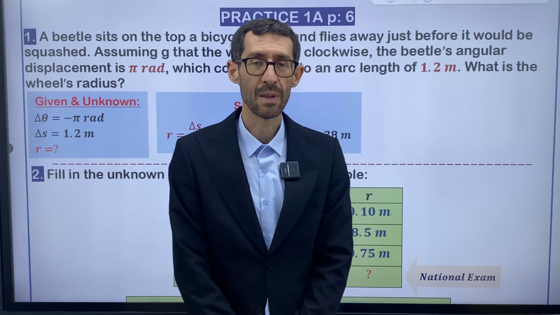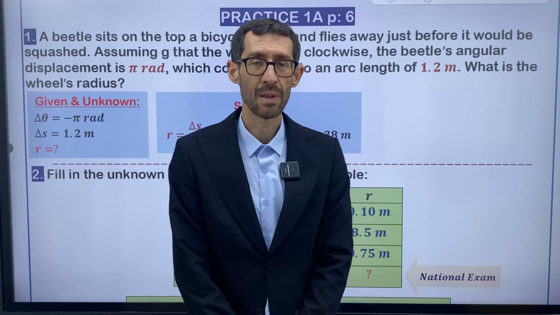Question number 2. Fill in the unknown quantities in the following table. We have a table here, right? We want to find the unknown quantities. Let me solve a problem for you.